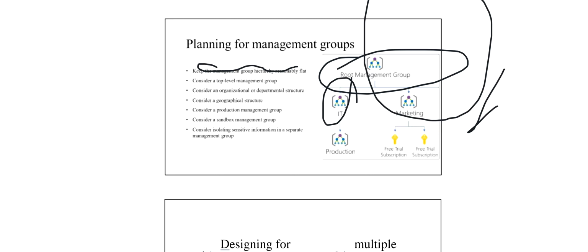We want to keep the management group hierarchy reasonably flat, meaning I need a justification for each management group that I actually create. Maybe I don't need a marketing management group in my environment. It depends exactly on what your administrative needs are.